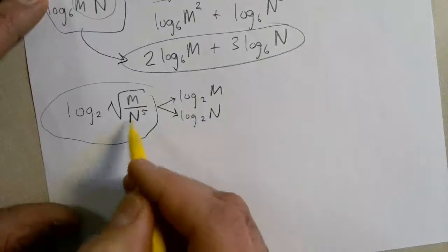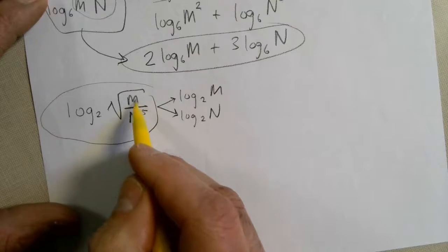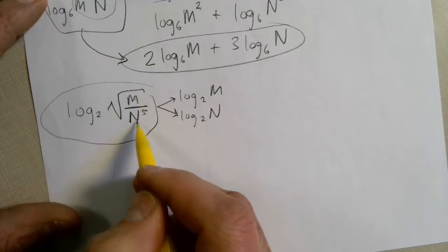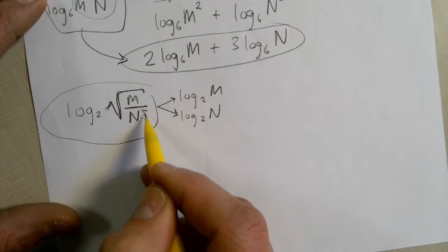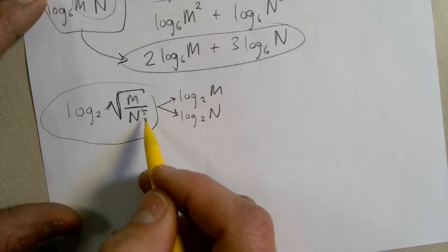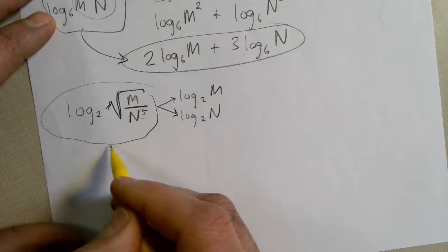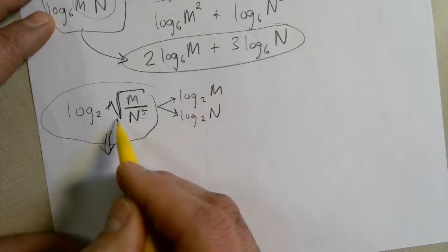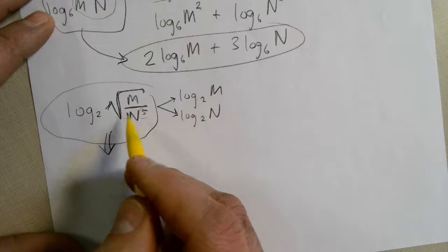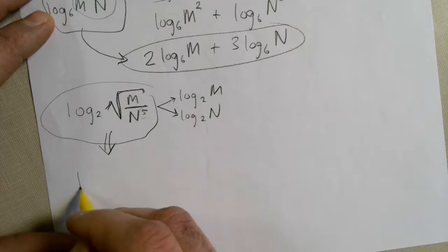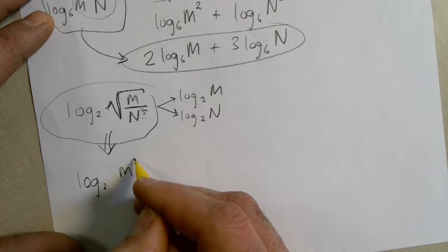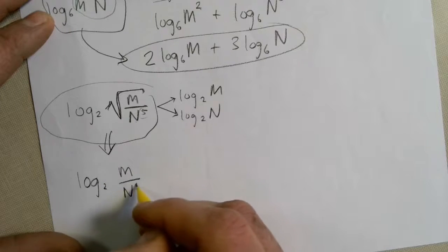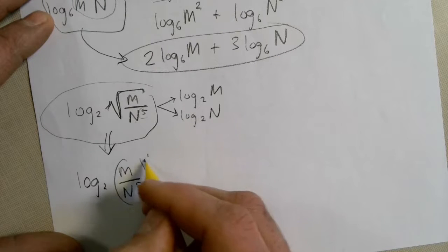When we look at this example, we can see that some division is happening, m divided by n, and square rooting and an exponent of 5. So what I'm going to do is rewrite this, getting rid of the radical and making it into an exponent. Let's look at it like this: log base 2 of m over n to the 5th, all to the 1/2 power.